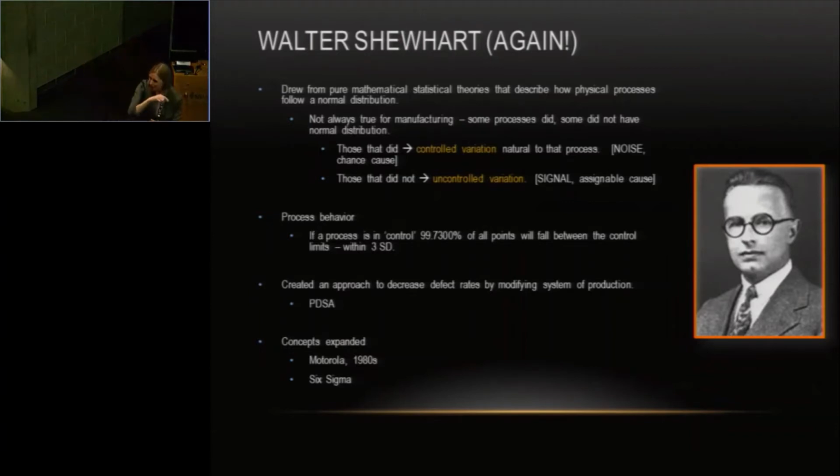So if you think about an oscillating string, we know this from physics, if you touch it, you're going to disrupt the oscillations and probably make them wilder. Make sense? Okay, so if you're messing with a process that's in control, it's called tampering. You're going to increase the variability within the process. If you leave it alone and only mess with those data points that are outside of control, then you're looking for assignable causes.